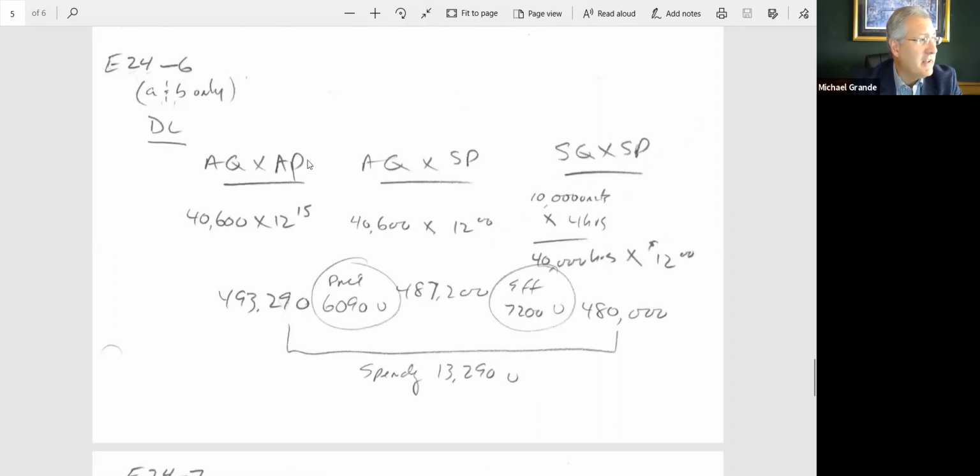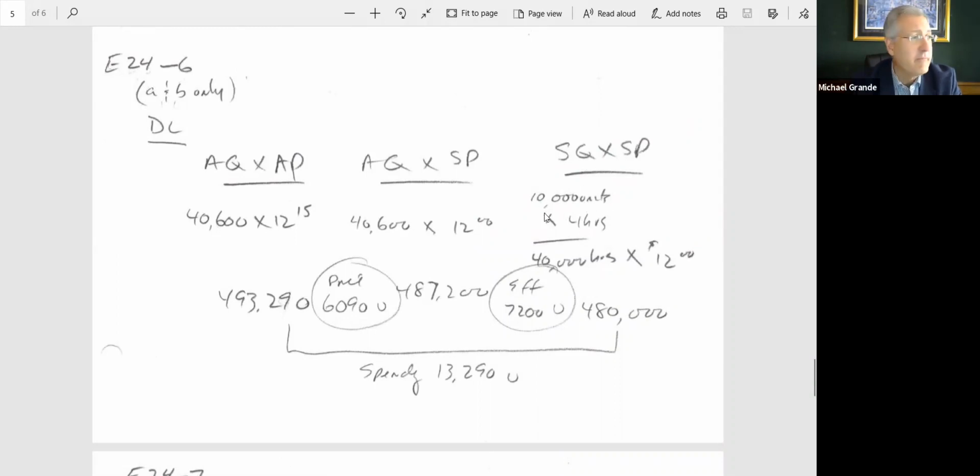Again, the far left-hand side for these direct labor variances is the actual information, AQ times AP. Far right-hand side is the standard information, which is essentially the flexible budget, what it should have cost for the actual output.